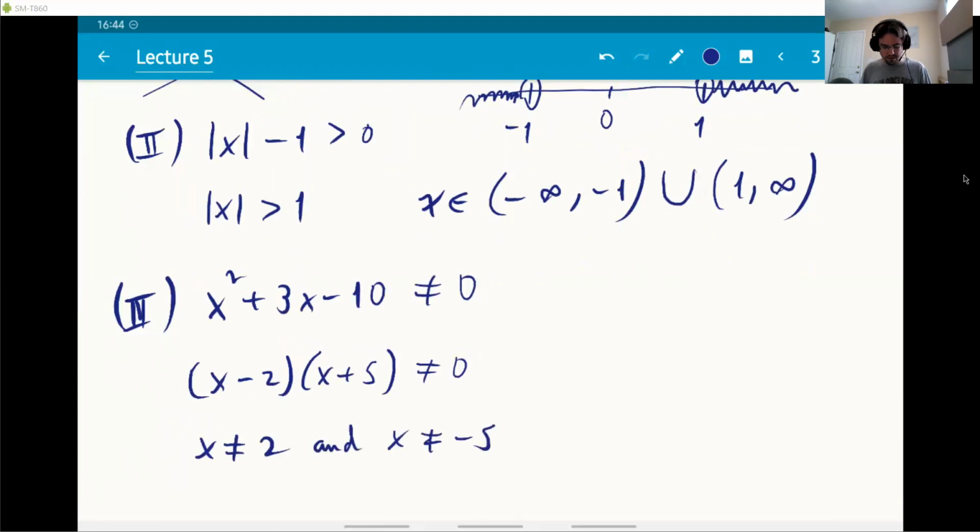Because we're trying to make sure this is not 0, you have to take basically anything else. Anything that's not 2 or minus 5 will work, so you need both conditions: x different from 2 and from minus 5, then this will be different from 0.